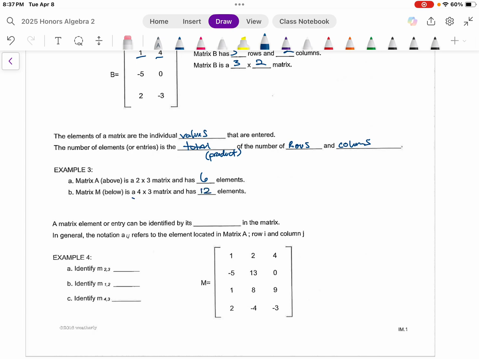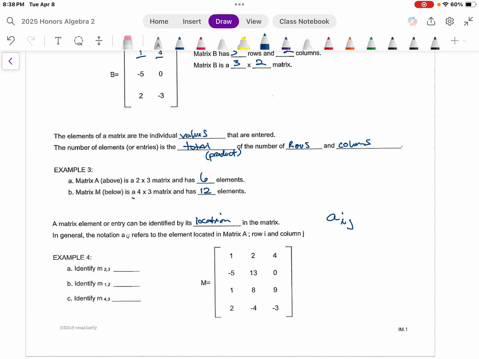A matrix element or entry can be identified by its location in the matrix. In general, the notation A sub i j refers to the element's location in matrix A. Basically, it's what row and column it is.